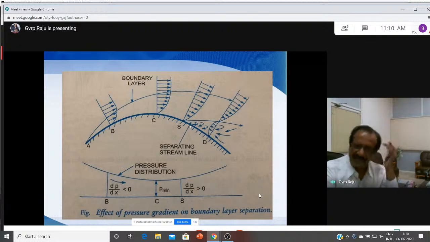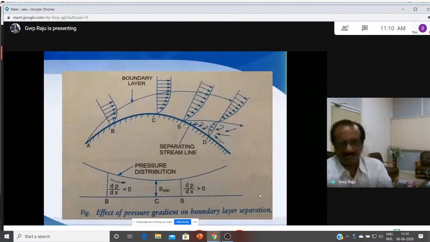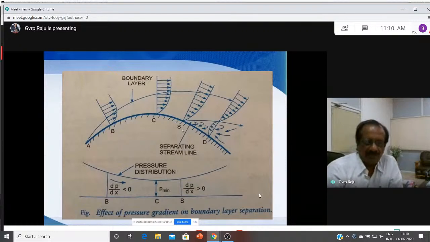So somewhere here is the separation point. We have some velocity here, but somewhere here the velocity of the fluid inside the boundary layer suddenly comes to rest. So this is called the separation point. Separation point is the point at which the velocity of the fluid in the boundary layer suddenly comes to rest.